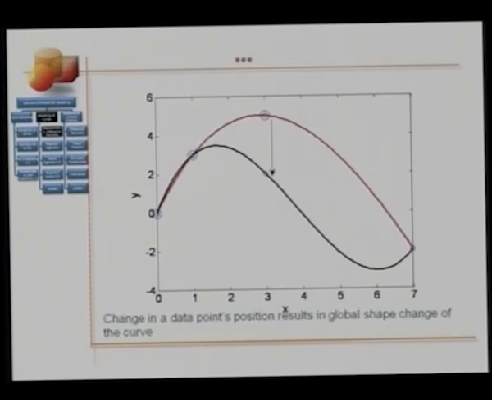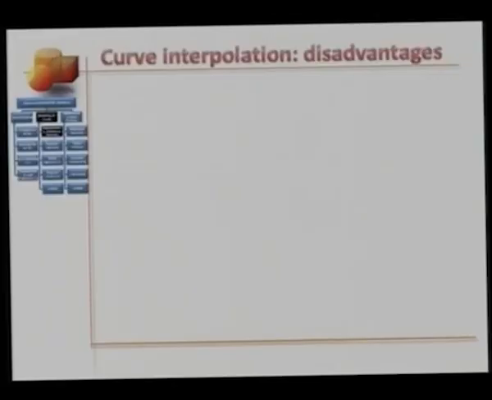We see that a change in a data point's position results in a global shape change of the curve. Remember, we are interested in designing the curves, and we would be more interested in knowing what happens when our design parameters, in this example the data points, as we would call them later, change in position.